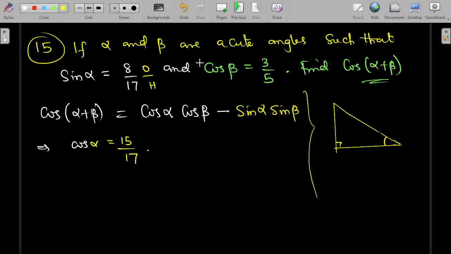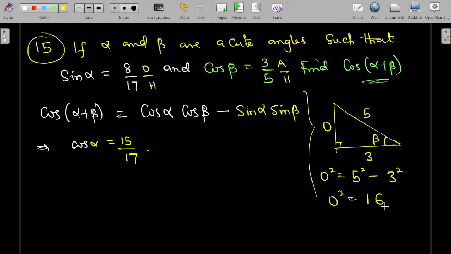So what if we are talking about beta now and we are given cos beta? So beta cos is adjacent over hypotenuse. So that means 3 is the adjacent. Here will be the opposite, the side facing the angle. So the hypotenuse will be 5 and then the adjacent will be 3. So we are looking for the opposite now. Opposite squared will also be hypotenuse squared minus adjacent squared. So you will have 25 minus 9, which is 16.